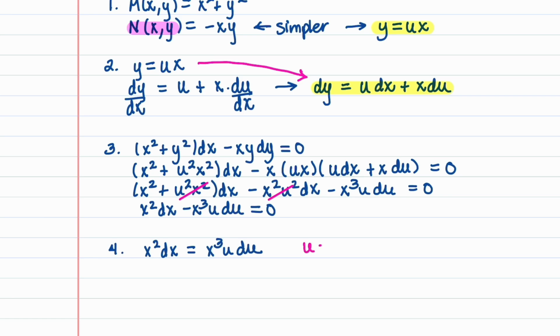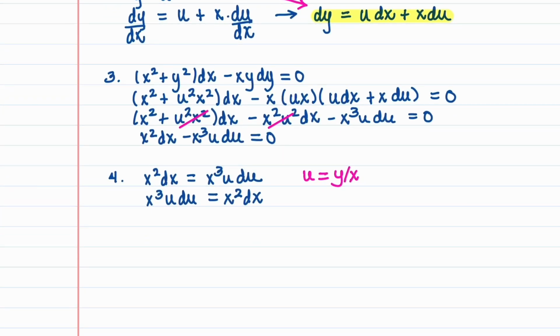Since u is equal to y over x, I'm going to switch the sides so that our y will be on the left. You don't have to do that, I just like to. This gives us x cubed u du is equal to x squared dx. Let's put the x cubed on the right, so this becomes u du is equal to 1 over x dx.